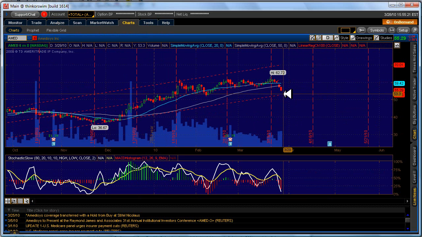It could come down here around the bottom of this channel, bounce up, come back up to here, and you may make an adjustment down here, and then it comes back up to its upper resistance and makes a fool out of you. So that's always a possibility.